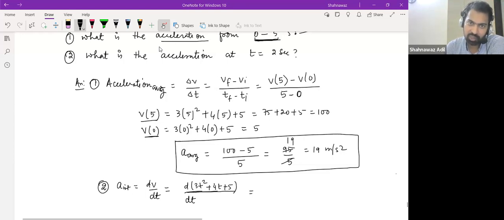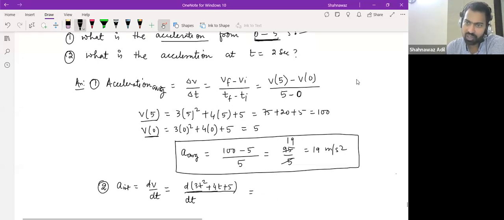Differentiation of t square would be 2t, so this is 6t.